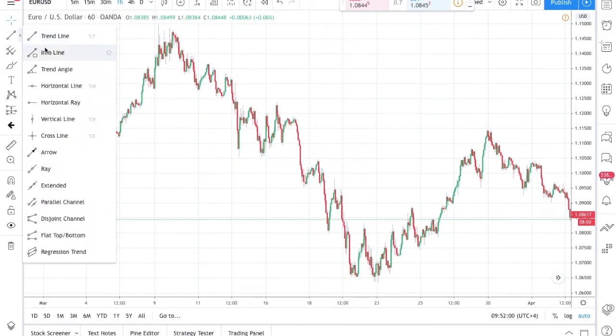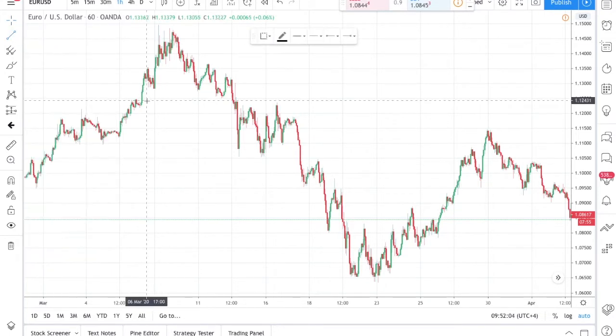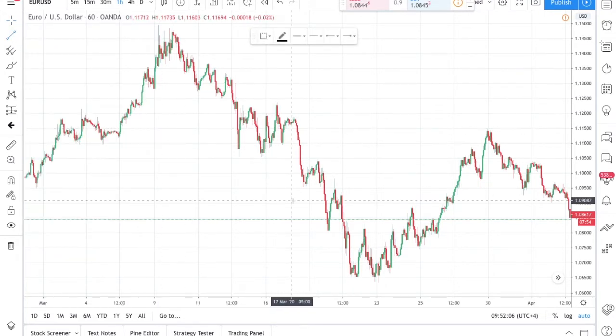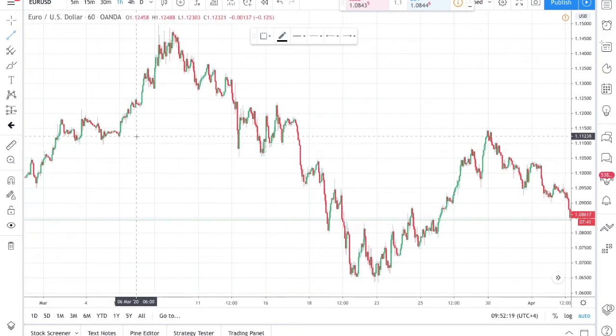So we come here, trend line. We have to look at the chart and see the support points and resistance points in the market. The lowest points of the trend. For example, if you look here, this is the lowest point, or this one, this is the lowest.